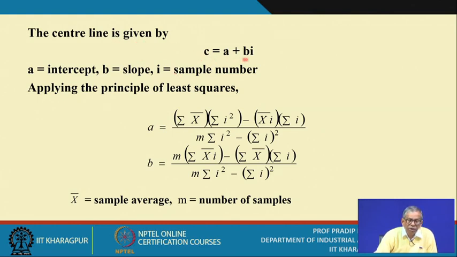The central line is given by the equation C equals a plus b i, where a is the intercept, b is the slope and i is the sample number.